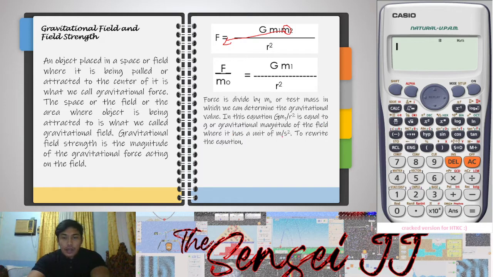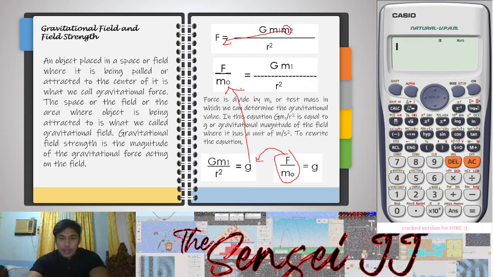It has a unit of meter per second squared. To rewrite the equation, we have g is equivalent to F over m0. We just rewrote this from here, and that one is this one.